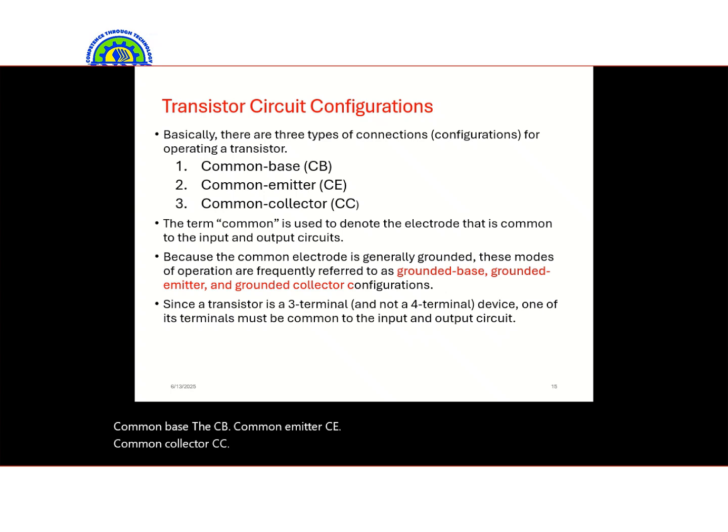The term common is used to denote the electrode that is common to the input and output circuits. Because the common electrode is generally grounded, these modes of operation are frequently referred to as grounded base, grounded emitter, and grounded collector configurations.